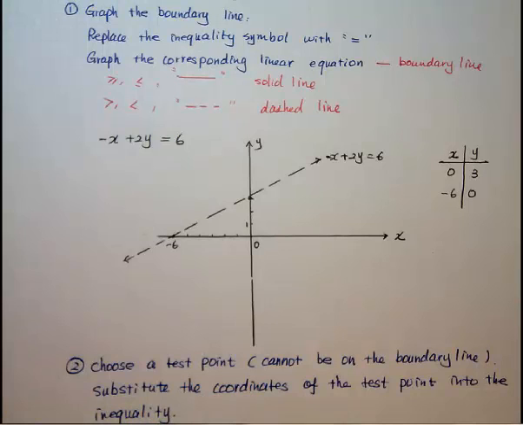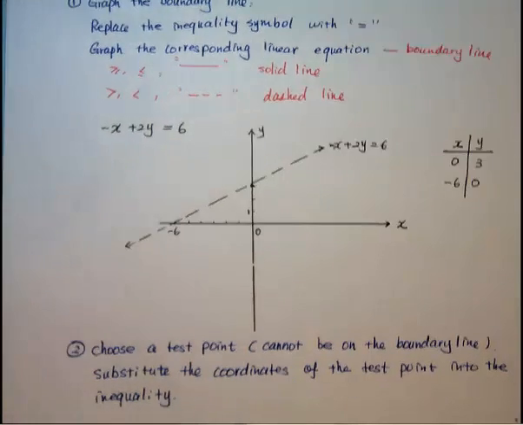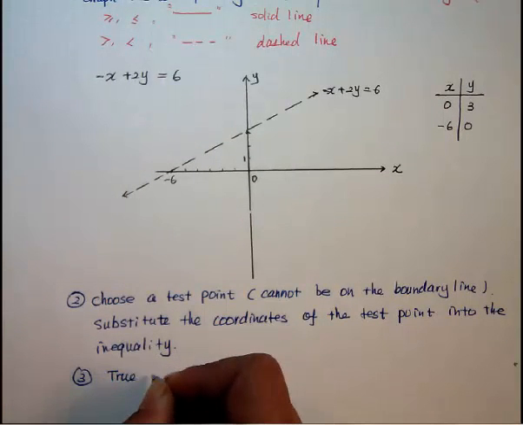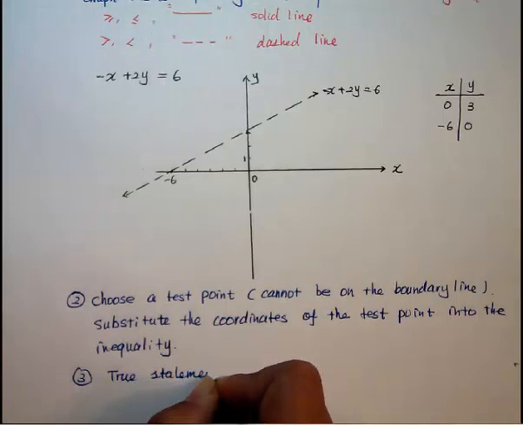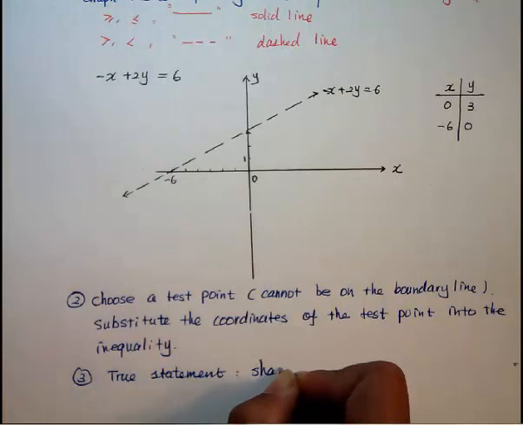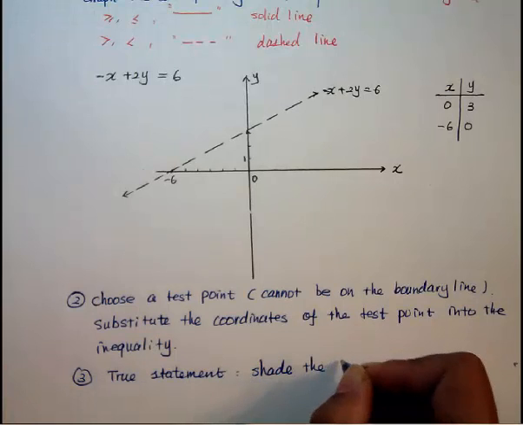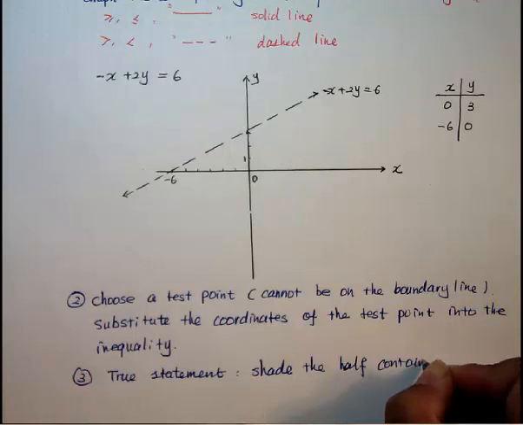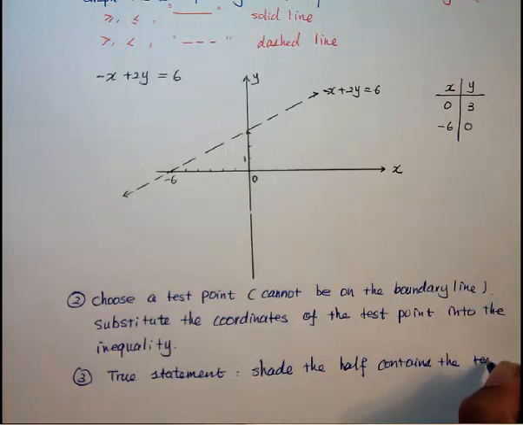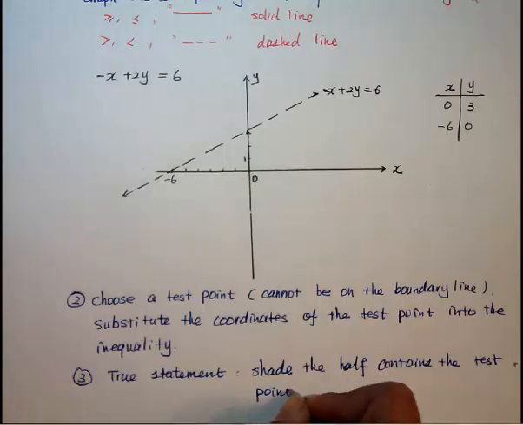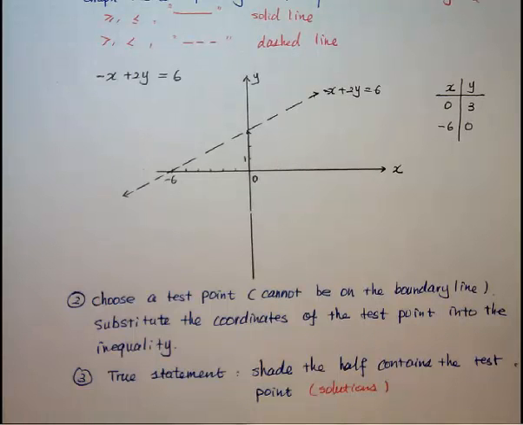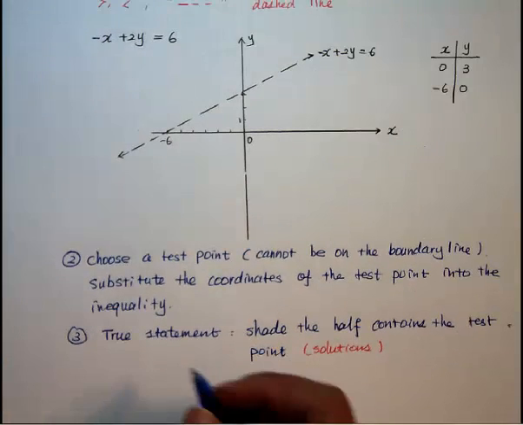When you substitute that, you might run into different situations. The conclusion is, if you get a true statement, then you are going to shade the half that contains the test point, which are the solutions of the inequality. Or if you arrive at a false statement, then you are going to shade the other half.